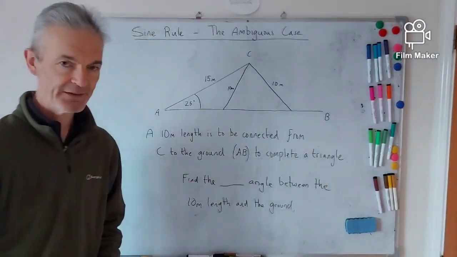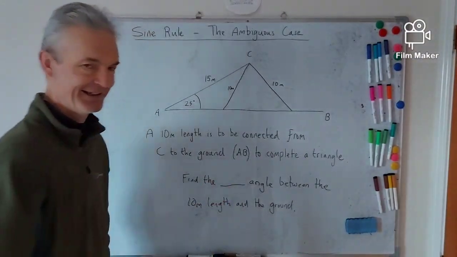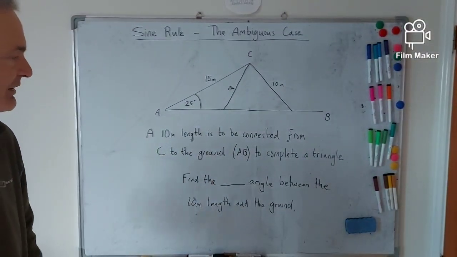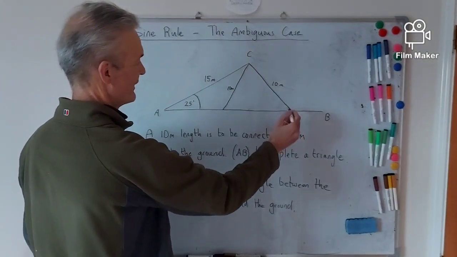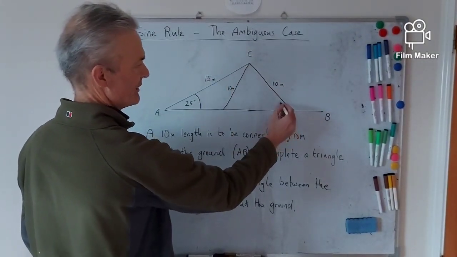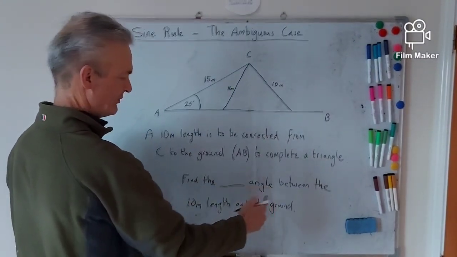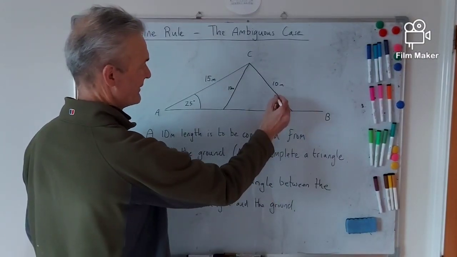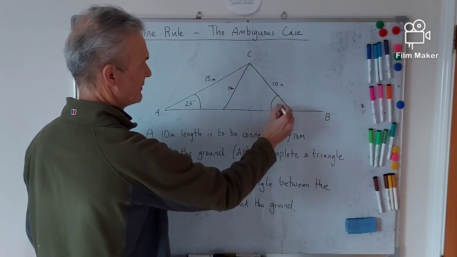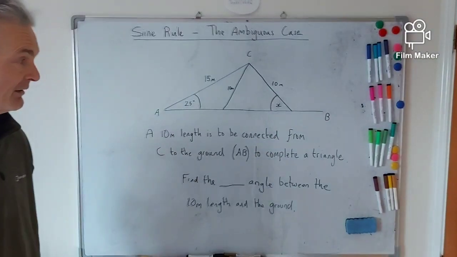Now, why have I left this blank here? If you look at the triangle we've created in this direction, the angle between the line and the ground is going to be this angle here, which I'll call X for now.